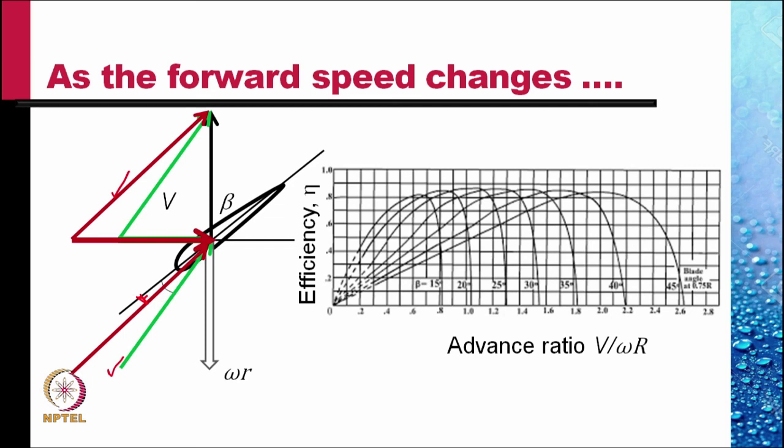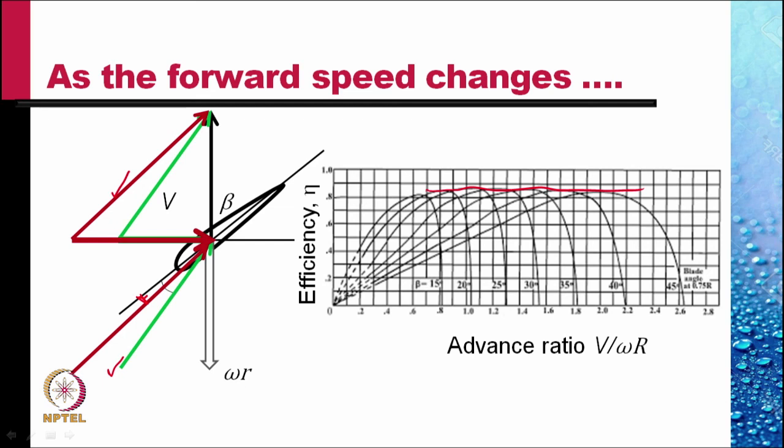And we would like to remain here as the advance ratio changes. That means as the velocity increases, the advance ratio increases too, and so the value of beta must increase as was established just now. By how much is seen from this curve.